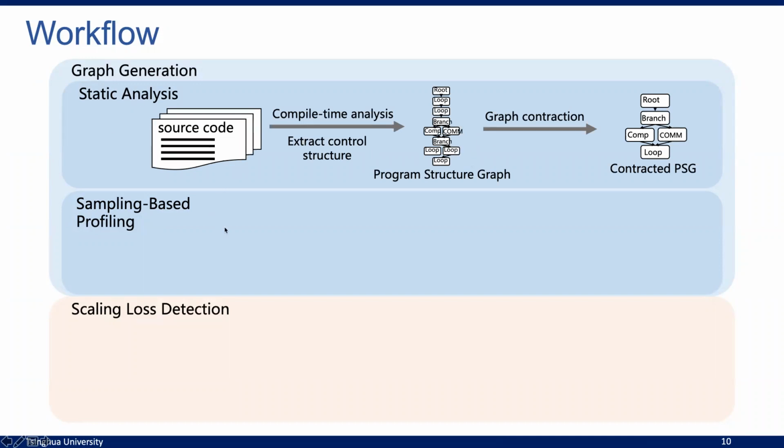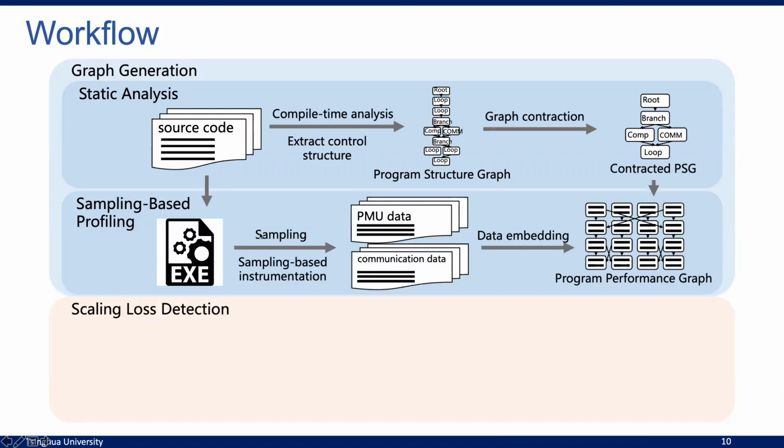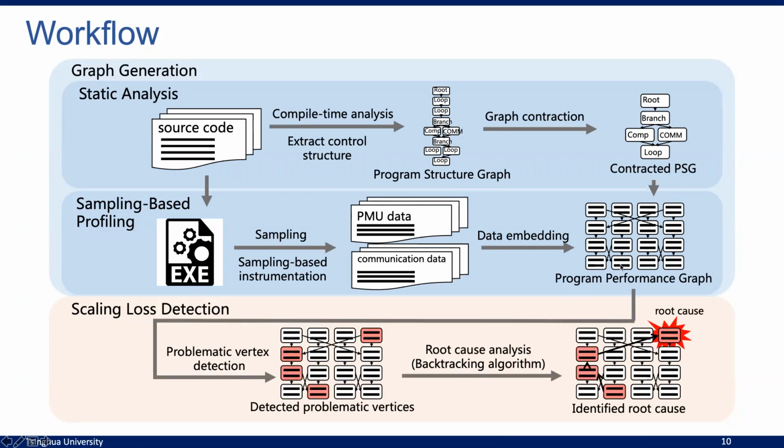Then sampling-based profiling collects performance data and builds a program performance graph. Finally, in scaling loss detection, root causes are identified with graph analysis.